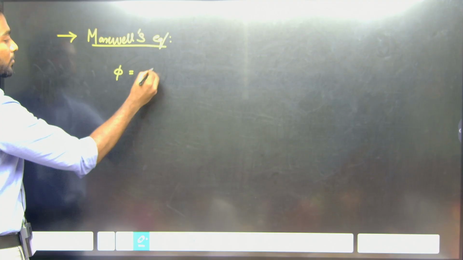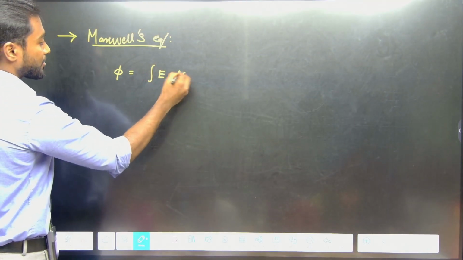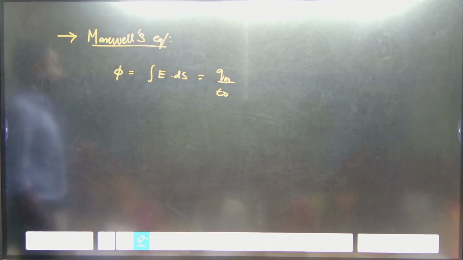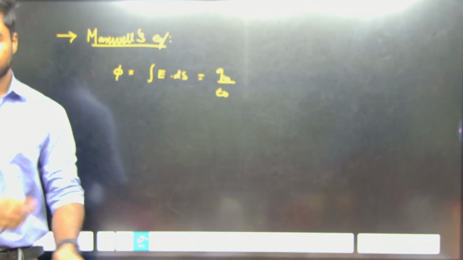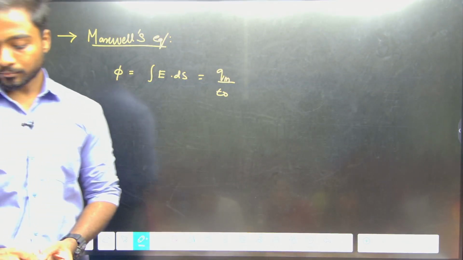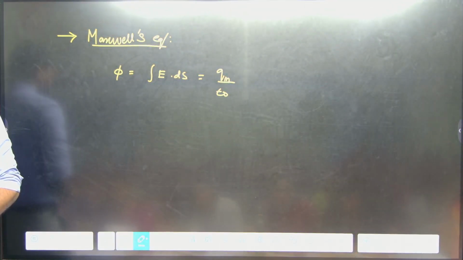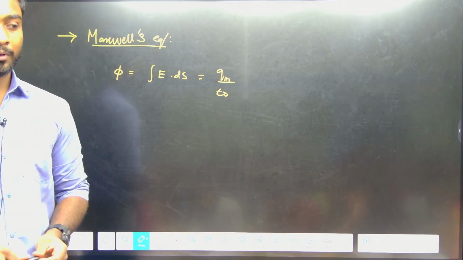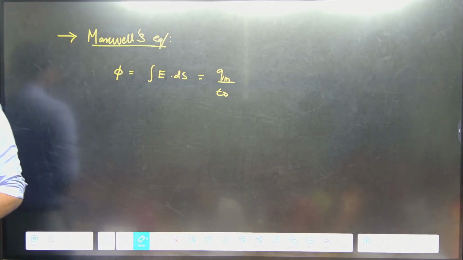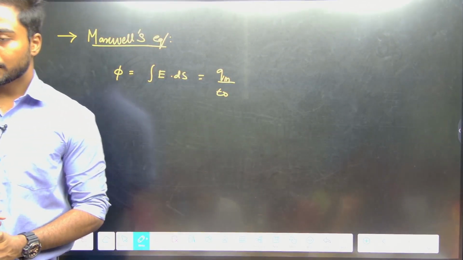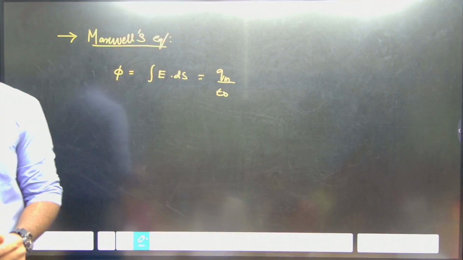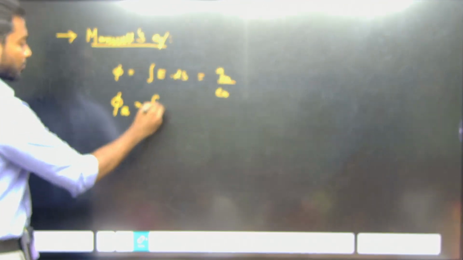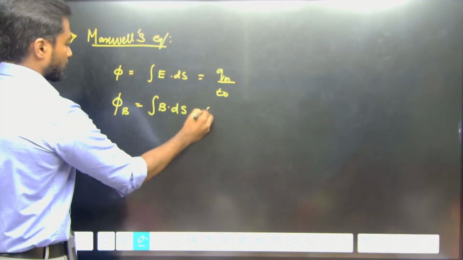Phi equals integral E dot ds, or else it is q in by epsilon naught, the first formula. Gauss law in electrostatics. The next one is Gauss law in magnetism. This is the second equation.